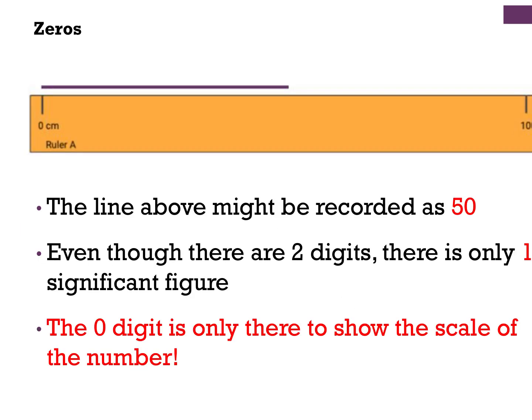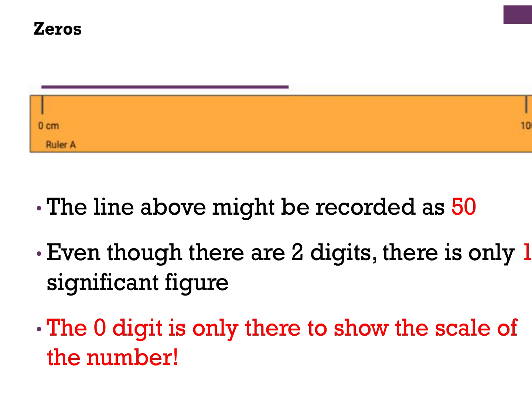Now go ahead and look at this line. How would you measure this line to be? 50, right? It looks about halfway, so it's just 50. Are we positive on the 50, or is it just a guess? It's just a guess, okay? So this time, we're guessing that it's 50, so it's just 50, no decimal.